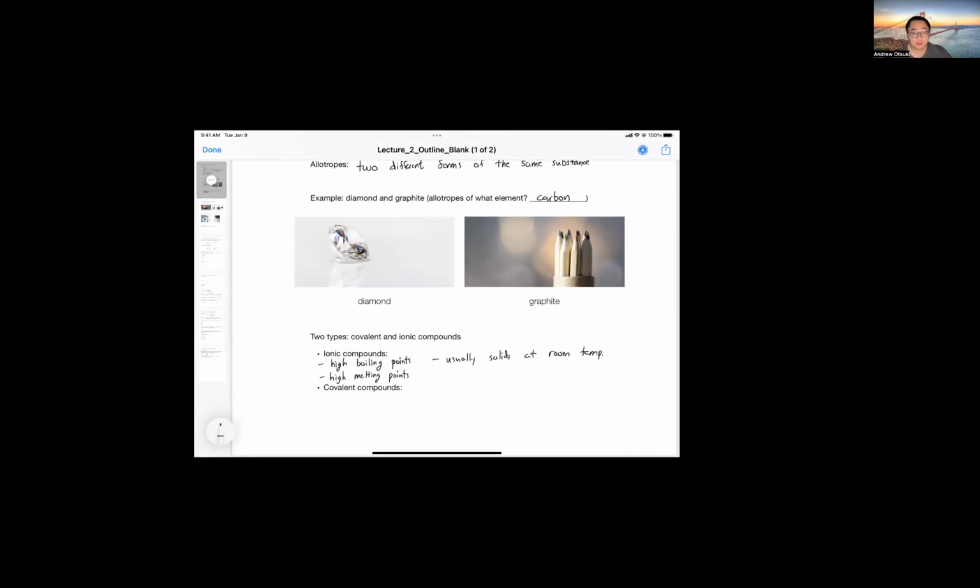And one thing about these ionic compounds is that they are very strong because they're composed of ionic bonds, or bonds made from ions. Ions attract each other.